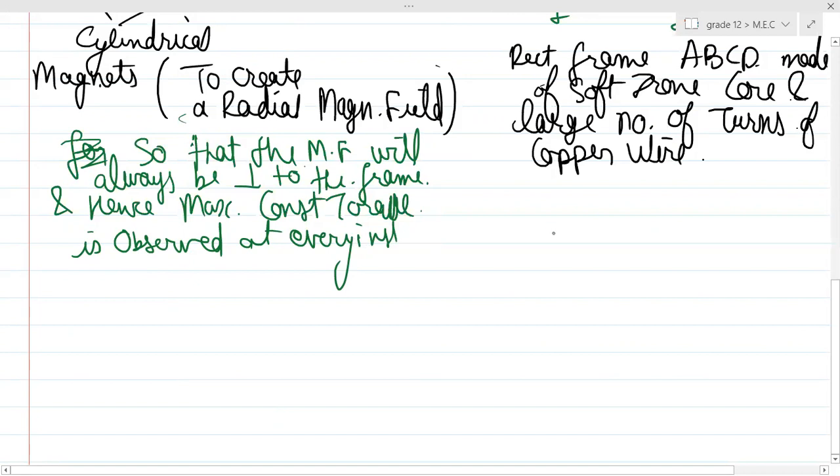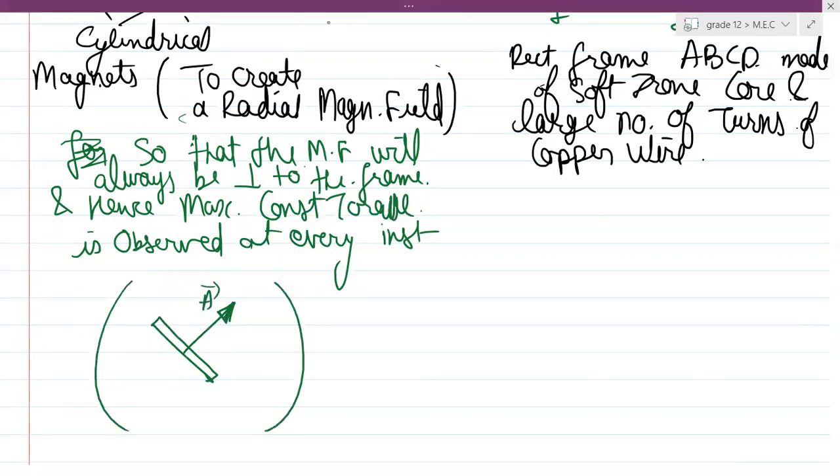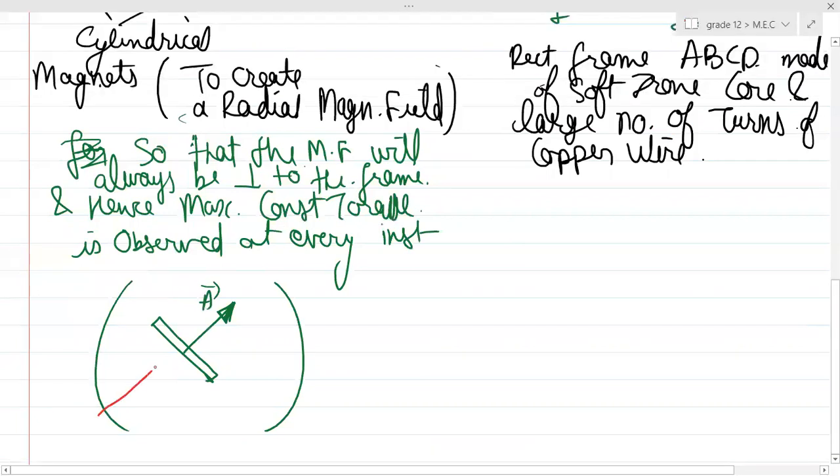How is the magnetic field always perpendicular? Can you see, suppose at this instant the loop makes like this, this was the area vector, right? So by creating a radial magnetic field, there will be one magnetic field which will always be perpendicular to this. Yes or no?